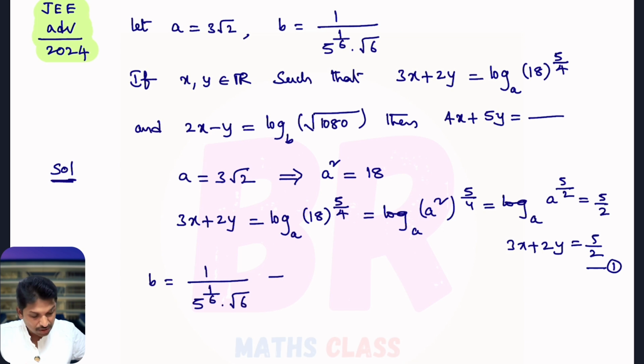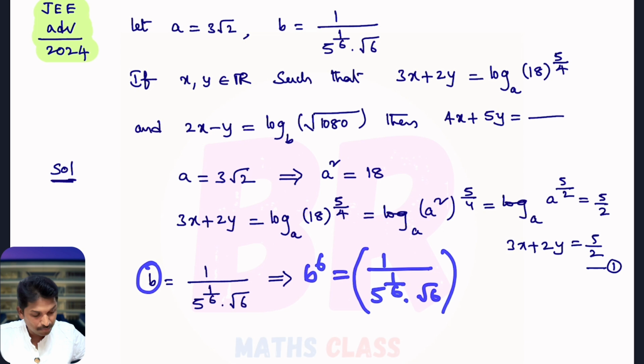Okay, what I'll do here, I'll calculate b power 6. b power 6, 1 divided by 5 power 1 by 6 root 6 whole power 6. When I calculate like this, see this 5 power 1 by 6 whole power 6 is 5. Root 6 power 6, that is 6 power 1 by 2 whole power 6, that is 6 power 3.